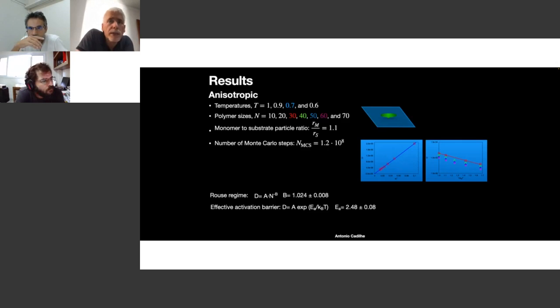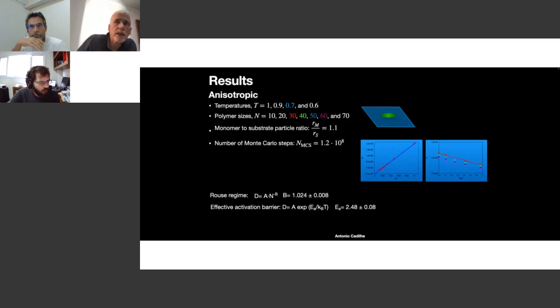So that's why I considered just one to make everything simple, but keeping the main argument that it is not going to interact with a number of particles proportional to its size. And so there are very few particles now interacting with the substrate for each monomer.